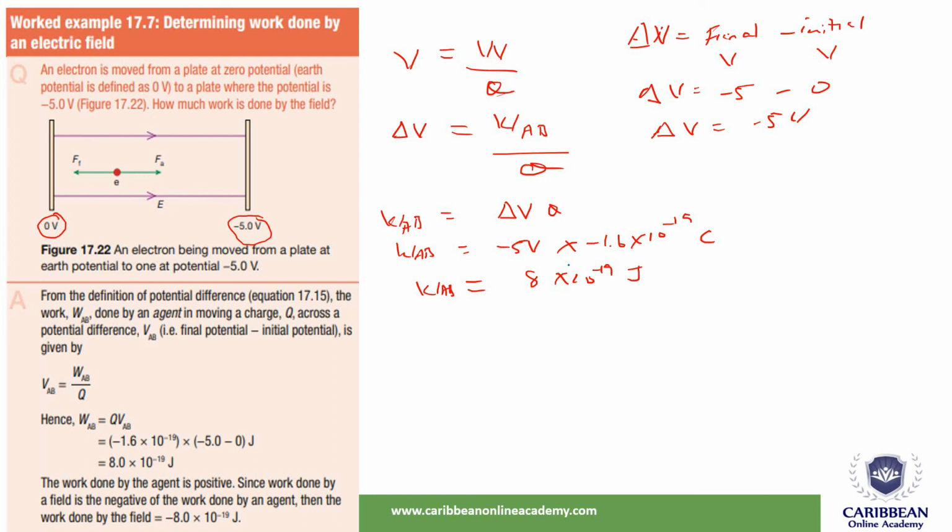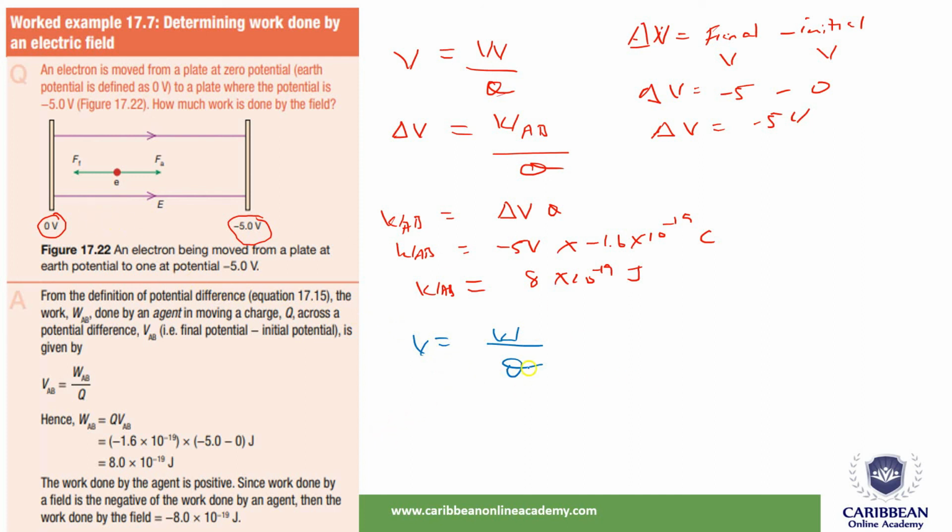And if you follow what is on the screen there, firstly, we have to use our equation that says we start off with V is equal to work done divided by Q, right? Now, clearly there is a potential difference.